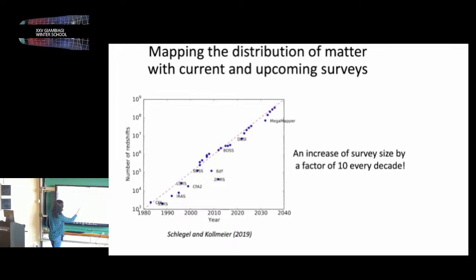This is the number of redshifts, and this is the year. You can see that the number of redshifts measured by various surveys roughly increases by a factor of 10 every decade. This is huge. We are around here, where we have DESI, and in the future we will have MegaMapper, but we will have a lot more.